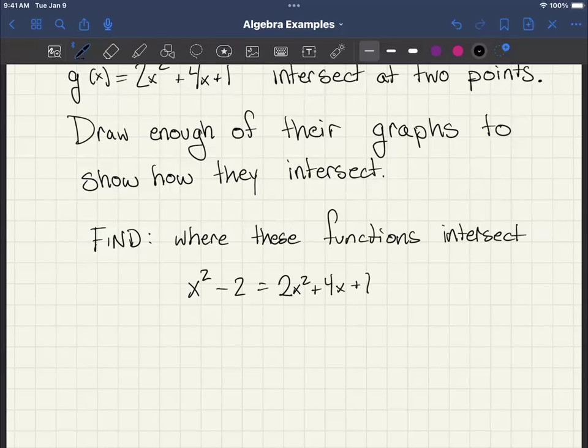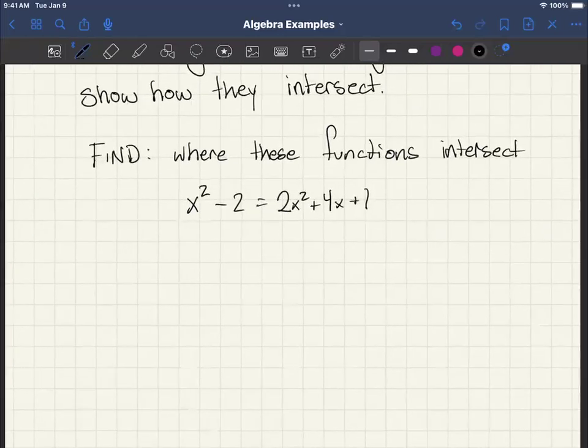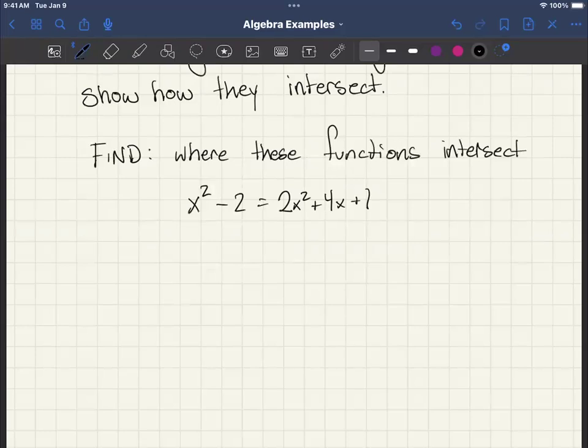This looks really complicated right now, but let's clean it up with a few steps. First of all, let's get everything on one side. So let's subtract x squared. What we do to one side, we have to do to the other. So we are left with negative 2 is equal to, and 2x squared minus x squared, we get one copy of x squared left over.